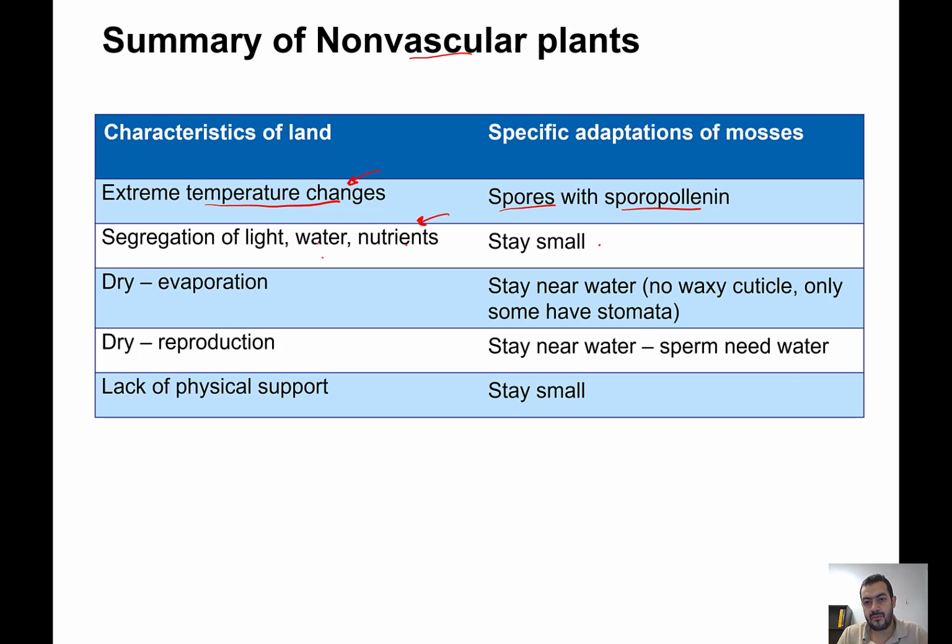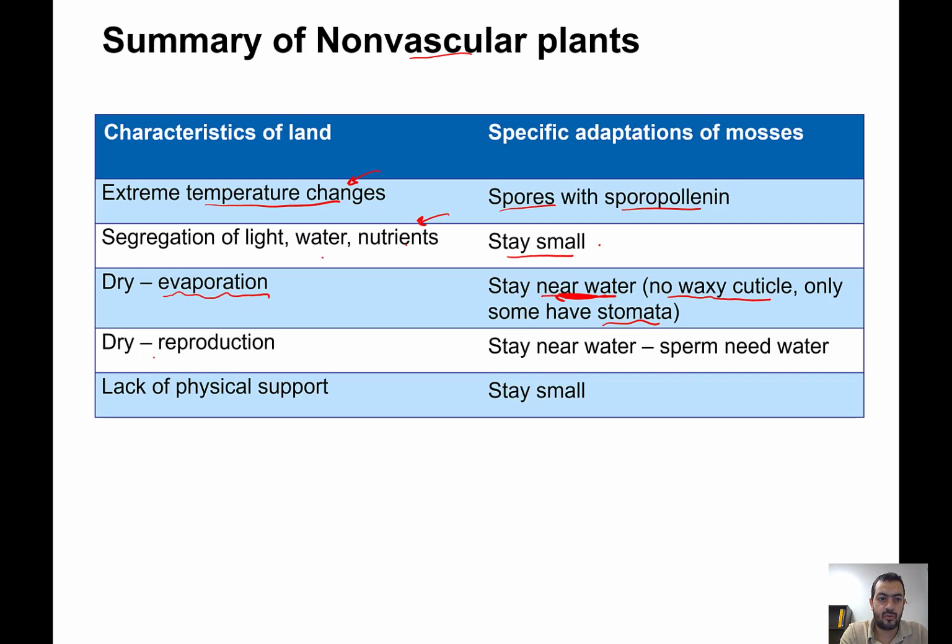Also, if they grow large, they are going to shade themselves from the light. So in order not to compete with themselves, it is better to stay small, especially near water, because that will help solve the problem of evaporation, especially since they are not covered with a waxy cuticle, and only some of them have stomata.